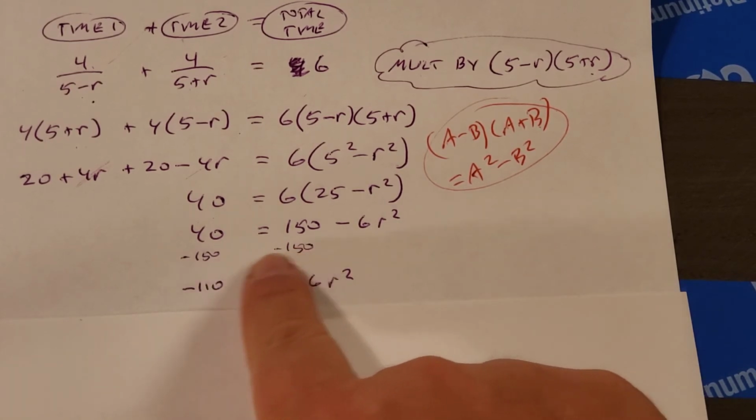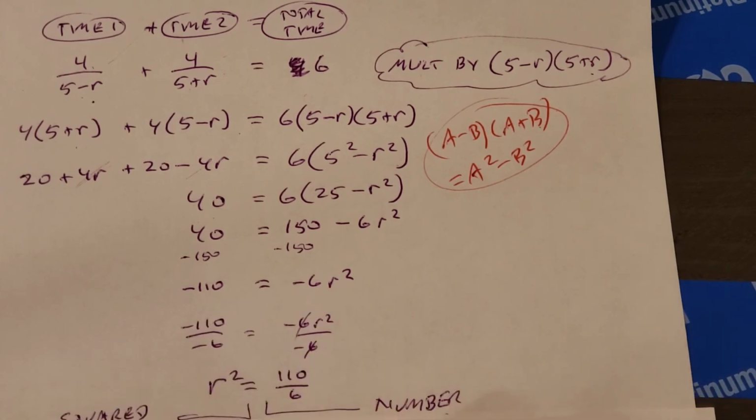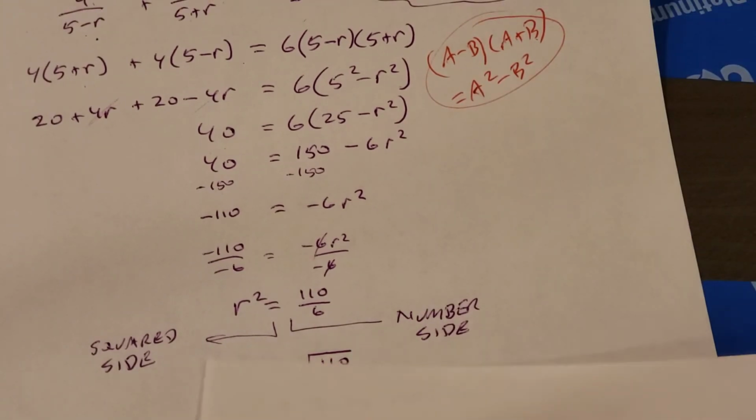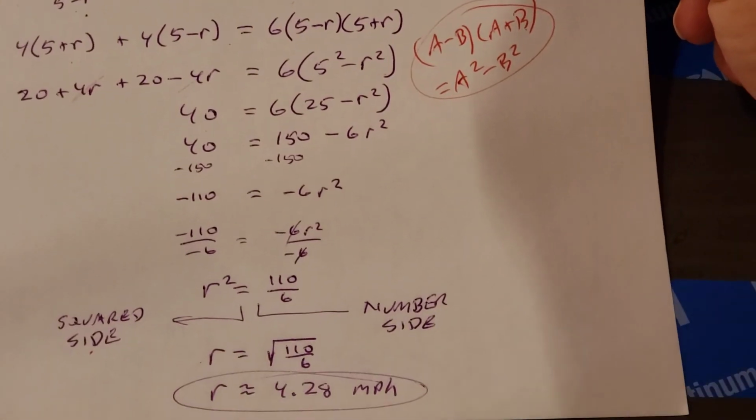I subtracted 150 from both sides, divided both sides by 6, because, this is the first time we've seen it, I wanted what I call squared side, number side. Squared side equals number side is a wonderful thing. If you can get squared side equals number side, you can just take the square root of the other side.